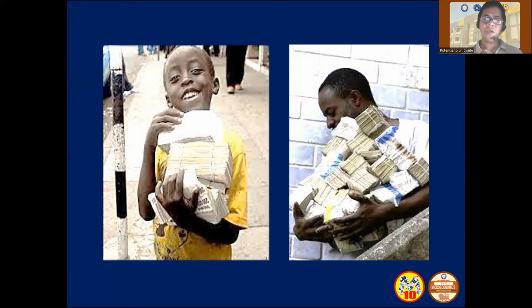So meaning, because the economy or the government in Zimbabwe decided to print more and more money, the value of their currency declined. Yun yung tinatawag nating hyperinflation.